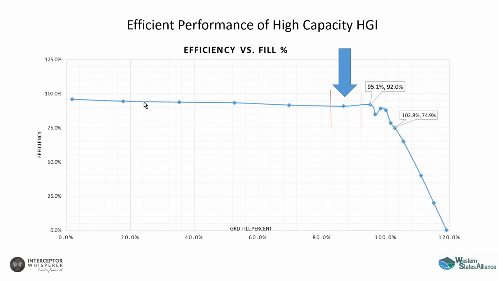And he simply chose to use 25% as a conservative value for using that with gravity grease interceptors. And then he further made it conservative by saying he would add both solids and grease together to form that 25%. That's where that rule came from. But if you look here at this chart, what Clayton's saying is the modern high capacity hydromechanical is so far above that in grease retention that we don't want to apply the 25% to these devices.